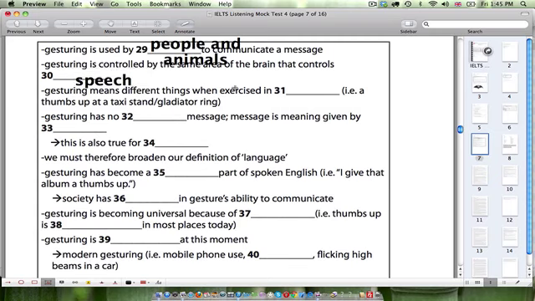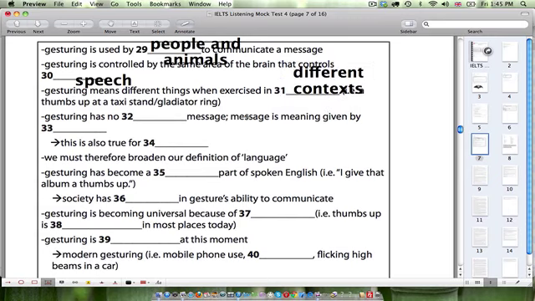Gesturing means different things when exercised in, and as we predicted, she shared both examples. So a thumbs up at a taxi stand is different than a thumbs up at a gladiator ring. So the answer here would be exercised in different contexts, which is what she said in her lecture.